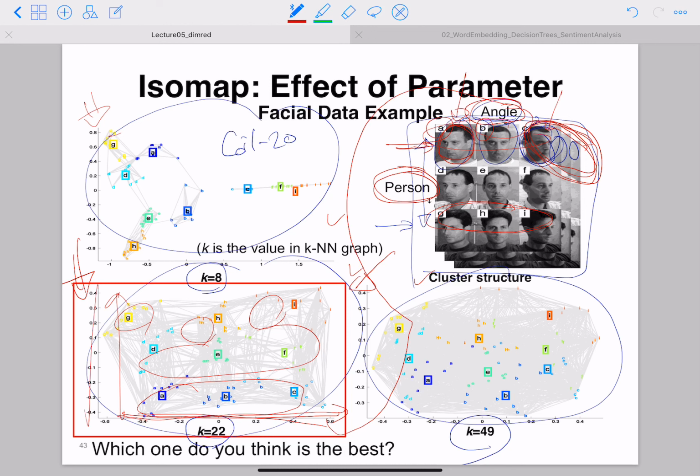And the y-axis, although it is not a straight line, approximately the vertical axis is nicely mapping this person attribute as one of our reduced dimensions, right? So in that way, this is the ideal, best result.